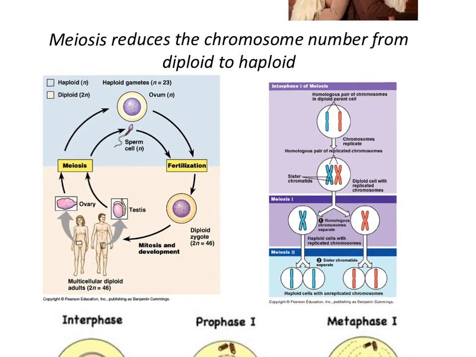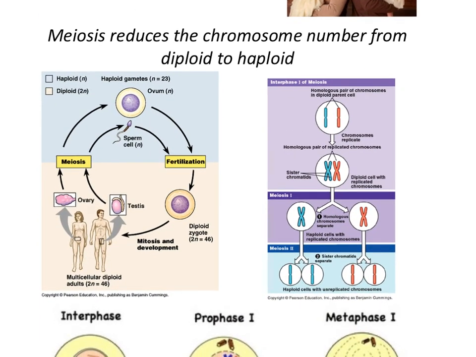So kind of thinking big picture, back to the big picture here, the goal of meiosis is to create haploid sex cells that contain half the amount of DNA. The majority of the cells in your body are not doing meiosis. Meiosis occurs when one cell replicates its DNA.